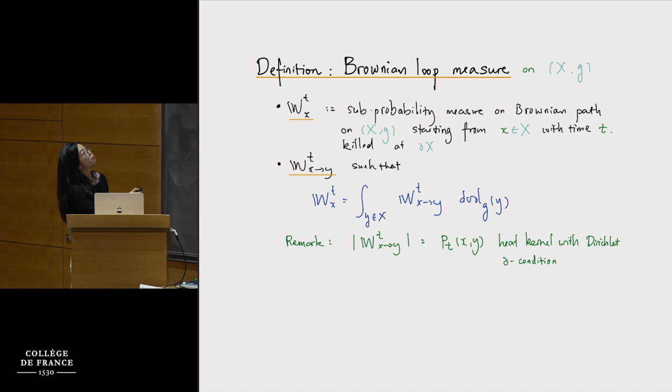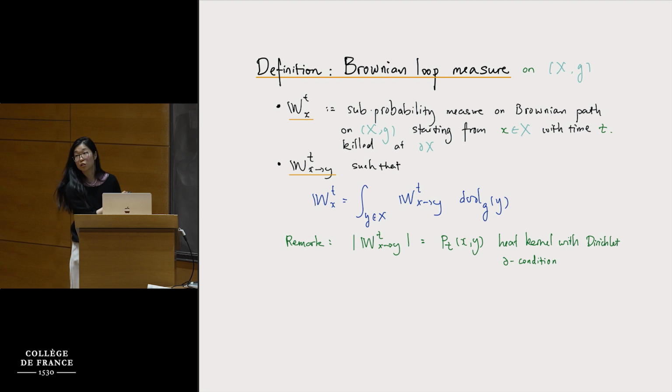This is a family of measures indexed by x and y, such that this is the disintegration of the first measure with respect to the endpoint, in the sense that this is a measure on the paths going from x to y, such that if I integrate it with respect to the endpoint's measure, the volume form of the endpoint, which depends on the metric, I get the measure that I started with.